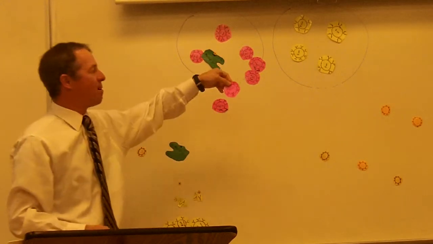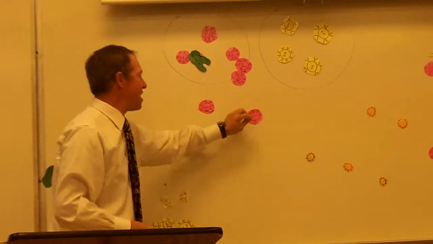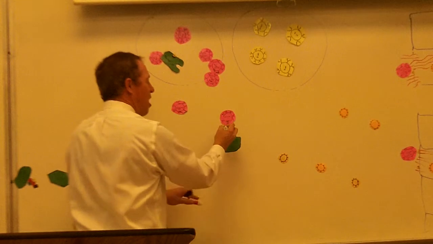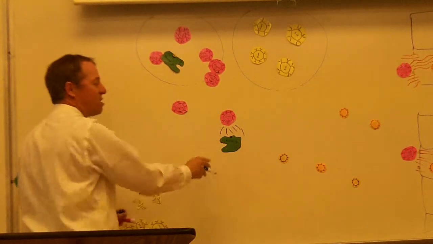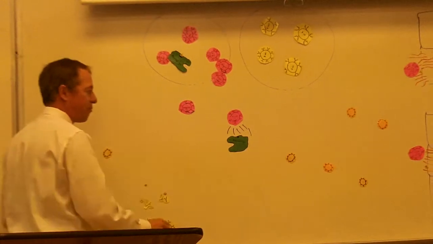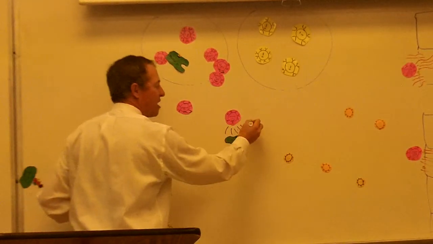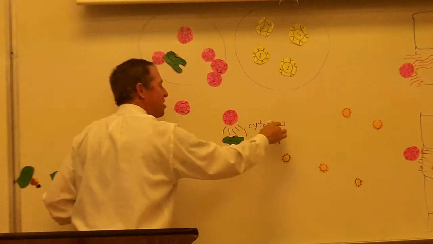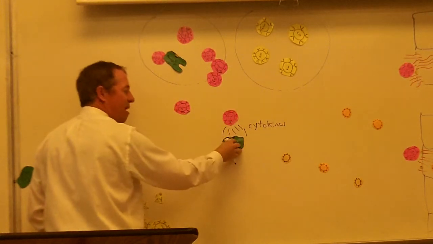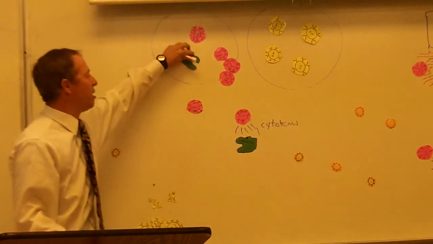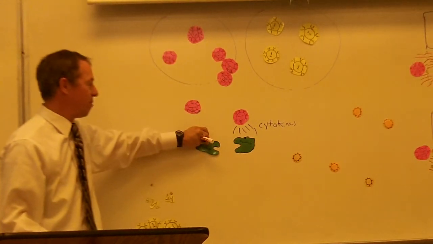One thing the helper T cells do is they go around and they spray a chemical onto all of your white blood cells and increase your white blood cell activity. It's called a cytokine. They'll spray cytokines onto the macrophages, and the macrophages will multiply in number so that you have a lot more of them.